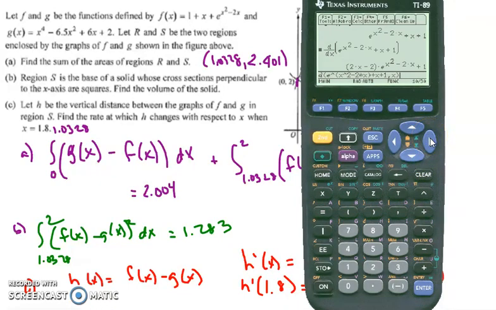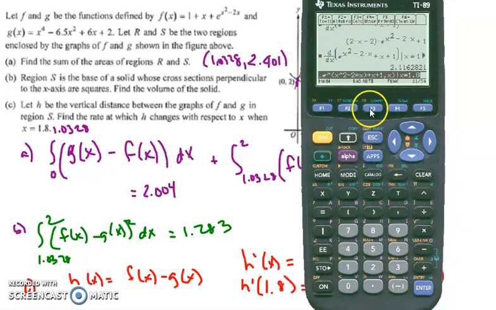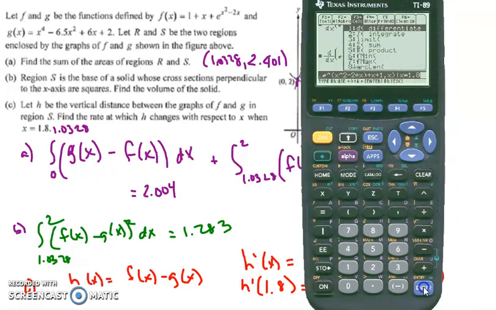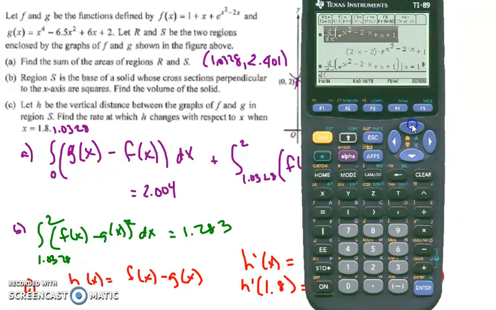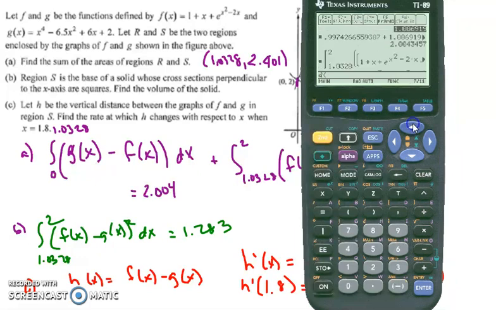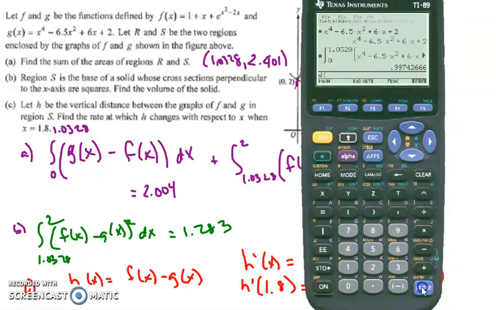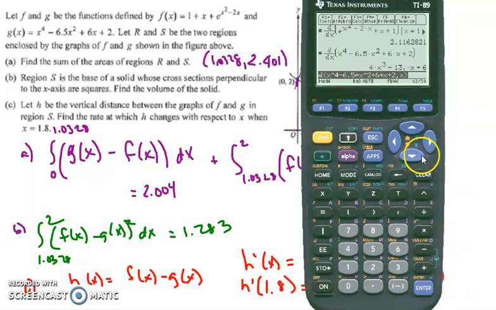So you scroll to the right and then hit such that x equals 1.8, enter. Let's do the same for g of x. So differentiate, and then we're going to go all the way up and grab the g of x function, which is right there. Comma x to differentiate with respect to x. Scroll to the end and hit such that x equals 1.8.